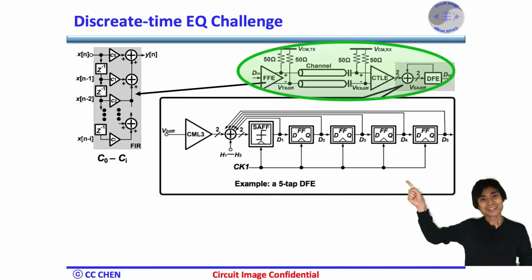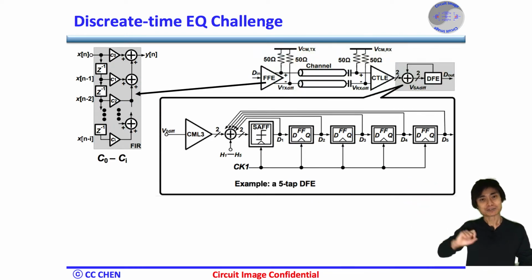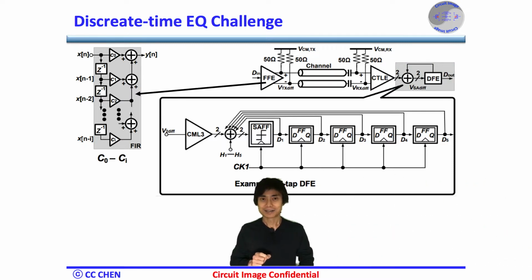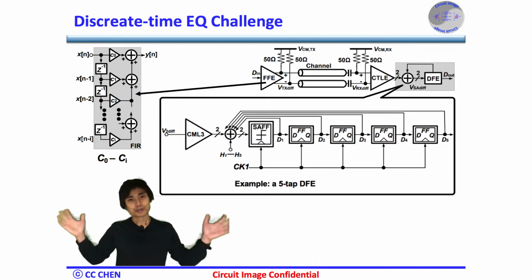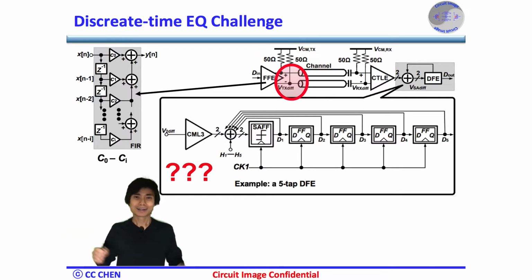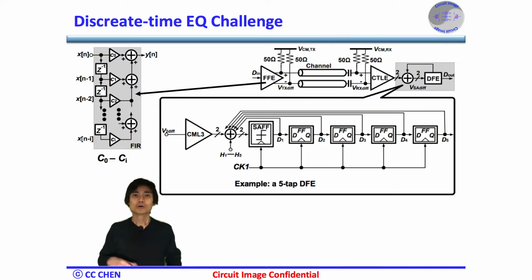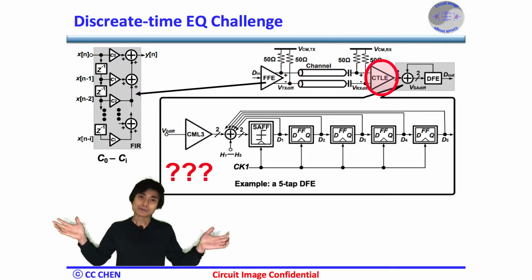Bingo! This is your system image of a discrete-time equalizer, TX-FFE and RX-DFE. Then, there are lots of unknown factors here. For example, do we know the TX output swing? Do we know the channel loss? Do we know the CTLE gain at the receiver front end?